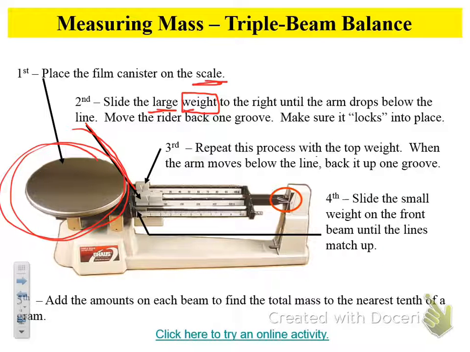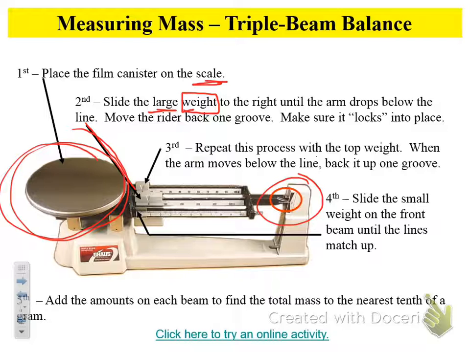I'm going to move it until I see this arm over here drop down. So we start here, move it, move it, move it, drops down. Once it's dropped down, I'm going to move it back 1.